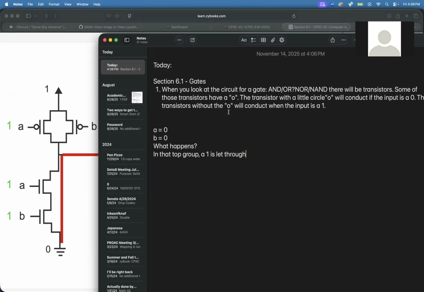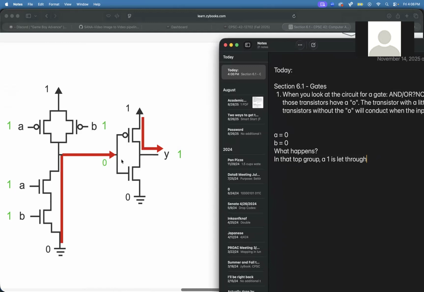If there's no little circle, it conducts when the input is one. So if this were a one, not a zero like it says, then this up here would not conduct. This down here would conduct. And since there's a zero low voltage here, it would let the zero through, and the final output would be zero.